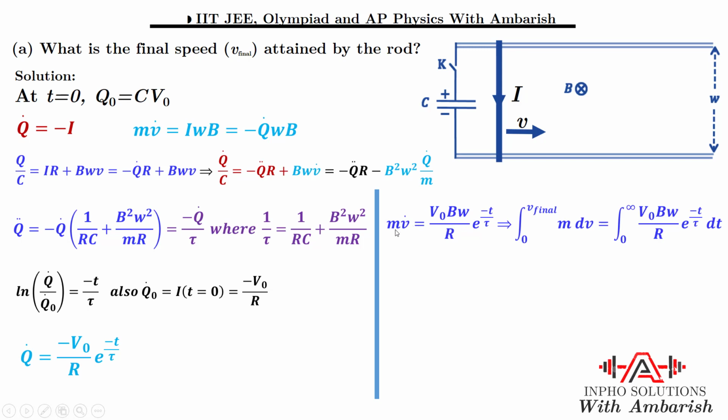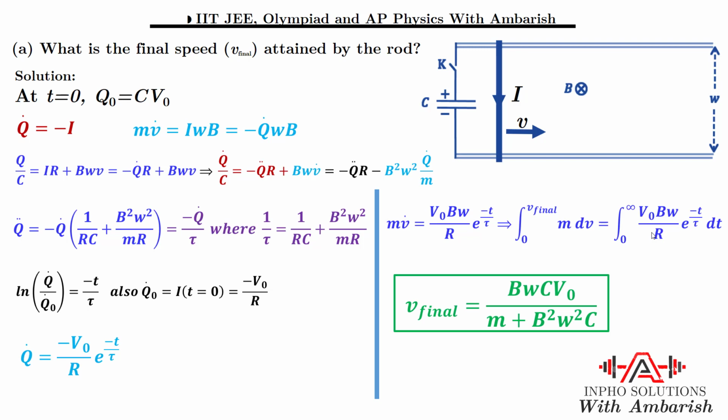So if you integrate, v dot is nothing but dv by dt, so m dv, and dt you take to the other side, so that's what you will get. Okay, so this is the integration that you get, and the capacitor will get discharged up till time t equal to infinity, because you know that this exponential term is going to go to 0 only at t equal to infinity. So you just integrate this, and then you get the value of the final velocity, and if you integrate, the final velocity comes out to be bw c v naught upon m plus b square omega square c.